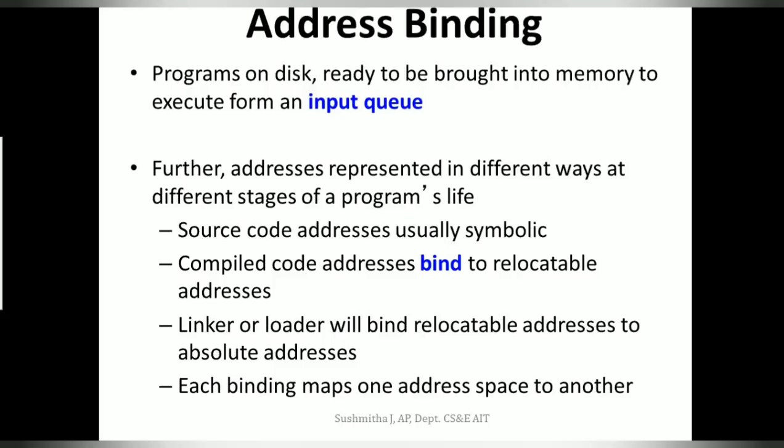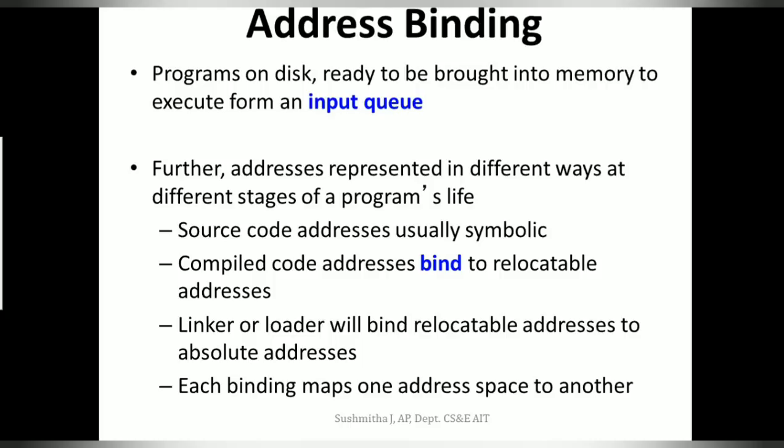You are only looking at the symbolic address, but each of these symbolic addresses is actually bound to a physical address or a memory location. What are the different stages that this address takes is what we will be seeing in address binding.